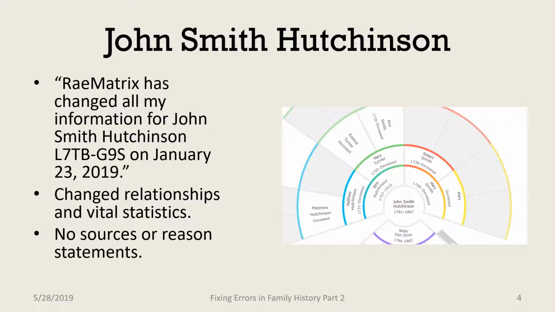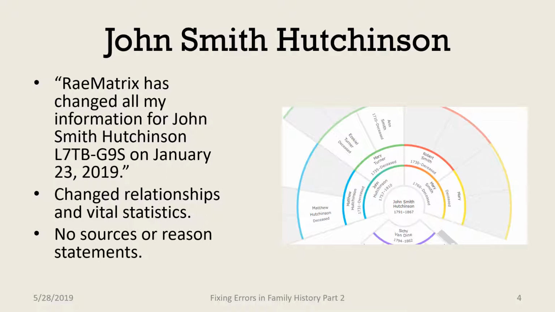In part 2, we continue to fix some problems with my 4th great-grandfather, John Smith Hutchinson, L7TB-G9S, that my cousin Hal Stewart brought to my attention and asked me to help him fix. Remember that Ray Matrix had changed all of the information that he had put in about John Hutchinson on January 23rd, 2019.